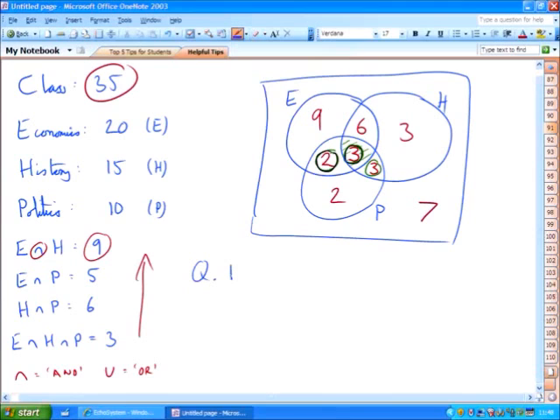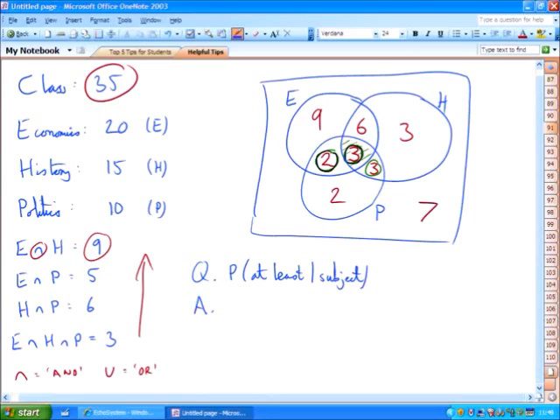So, for example, if I pick a student from this class randomly, what is the probability that this student studies at least one of economics, history, or politics? Well, because that considers lots of different possibilities, it's either just economics, just history, just politics, or some combination of 2 or all 3 subjects.